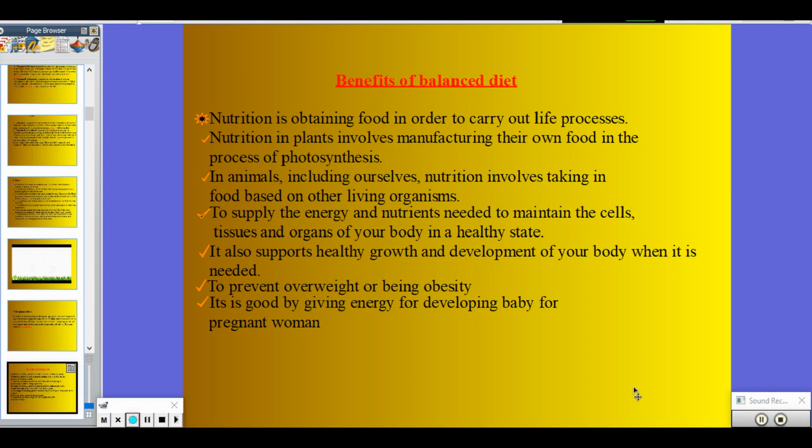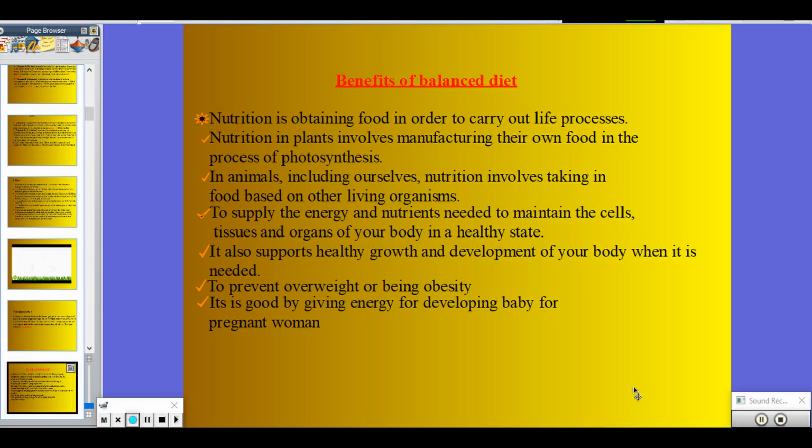These are the benefits of a balanced diet. Nutrition is obtaining food in order to carry out life processes. Nutrition in plants involves manufacturing their own food in the process of photosynthesis. In animals, including ourselves, nutrition involves taking in food from other living organisms to supply the energy and the nutrients needed to maintain the cells, tissues, and organs of your body in a healthy state.